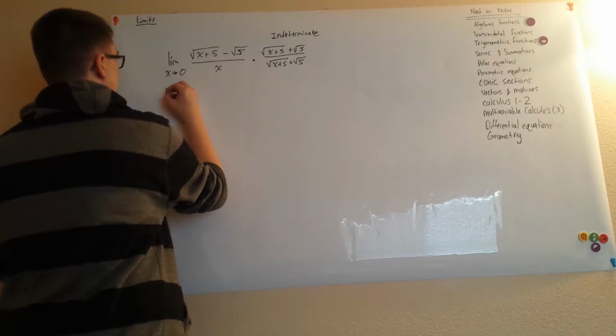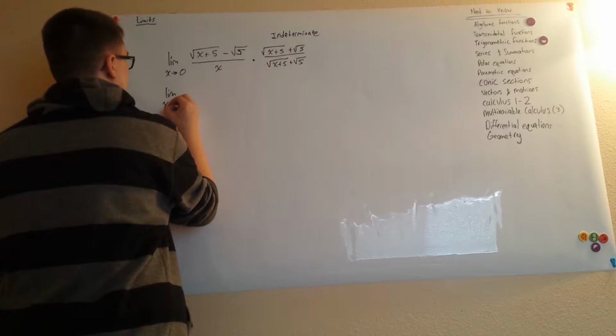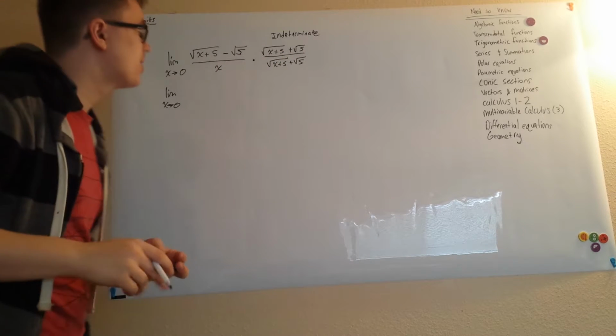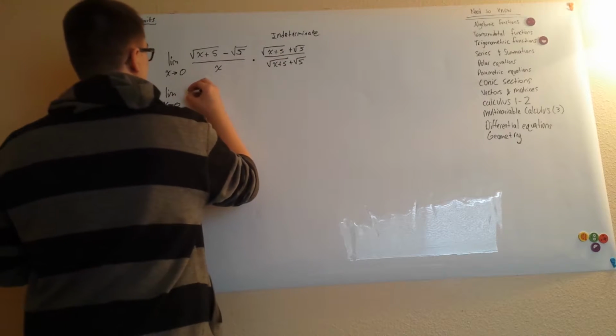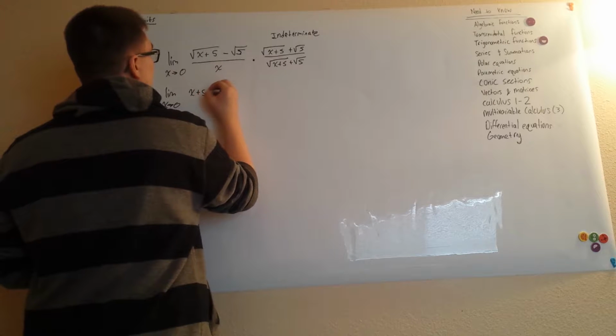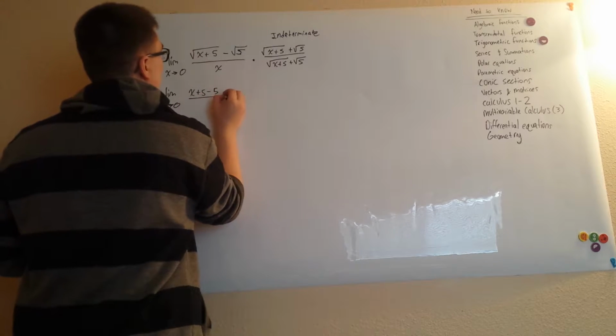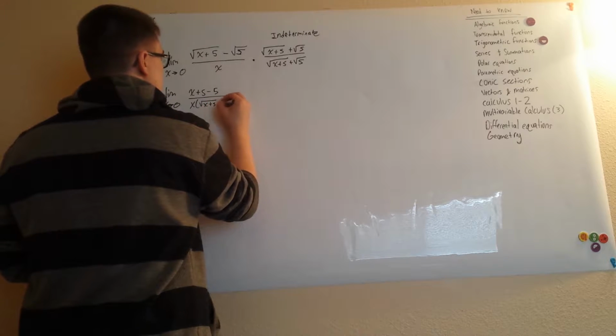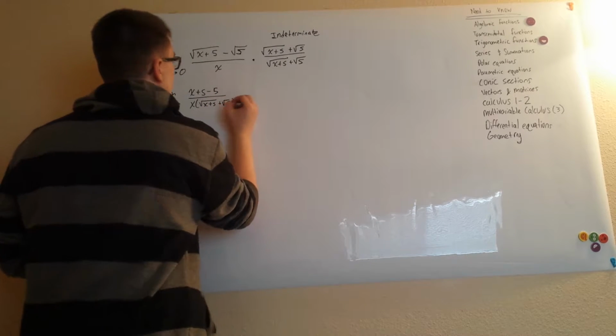So this is the limit as x approaches 0 of, if you know difference of squares, this will become x plus 5 minus 5 over x times this entire stuff.